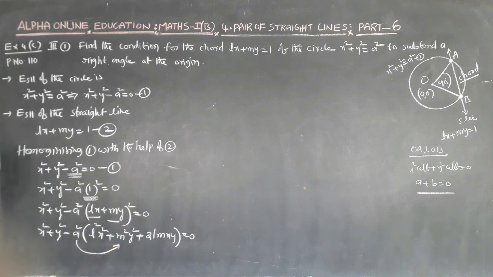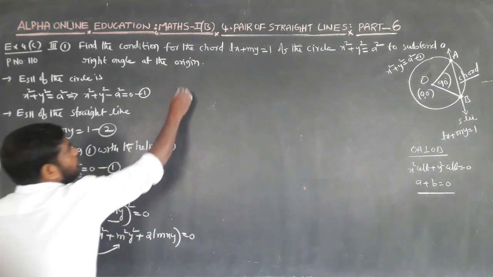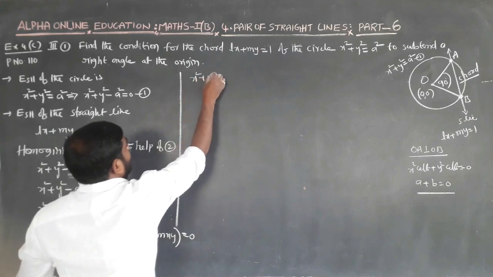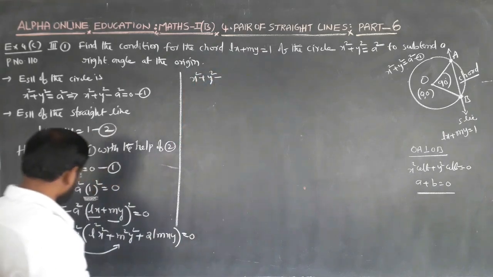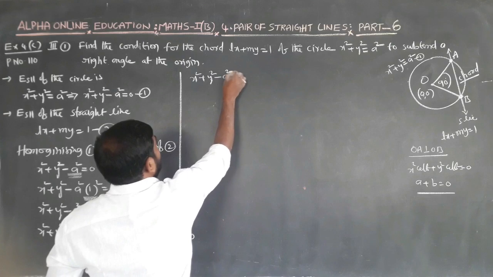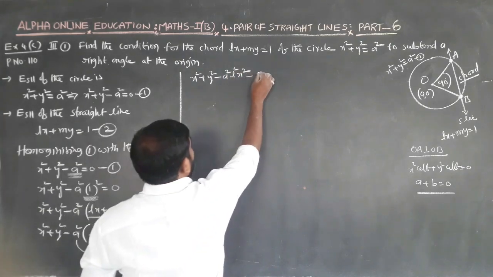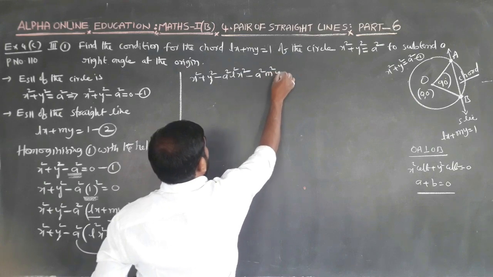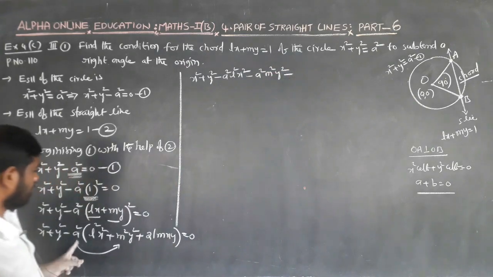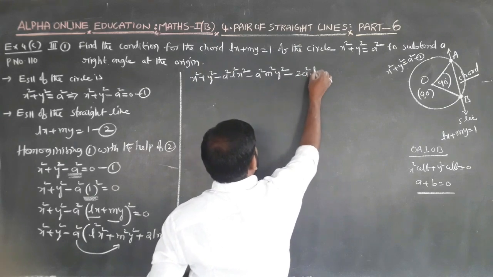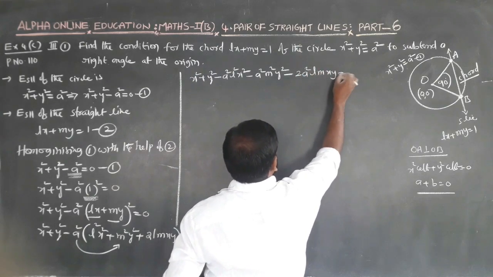This total value is multiplied with minus a square: x square plus y square minus a square l square x square minus a square m square y square plus minus 2a square lm xy is equal to 0.